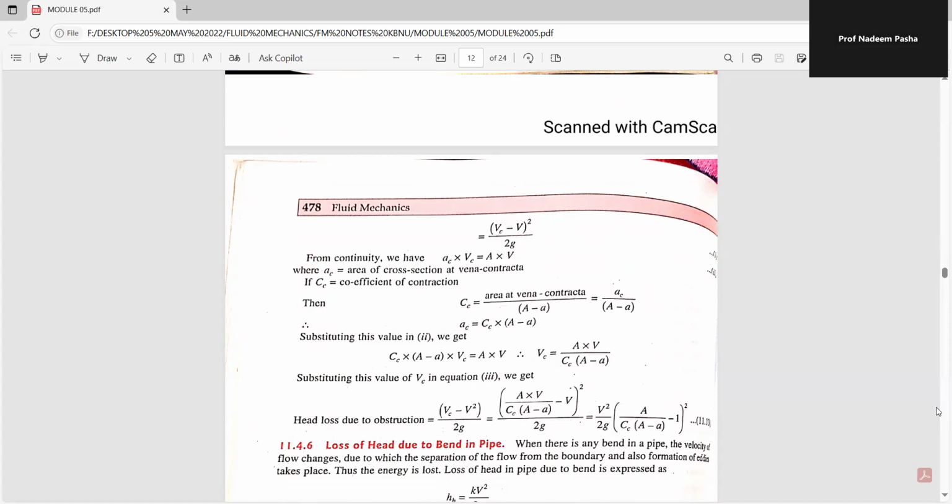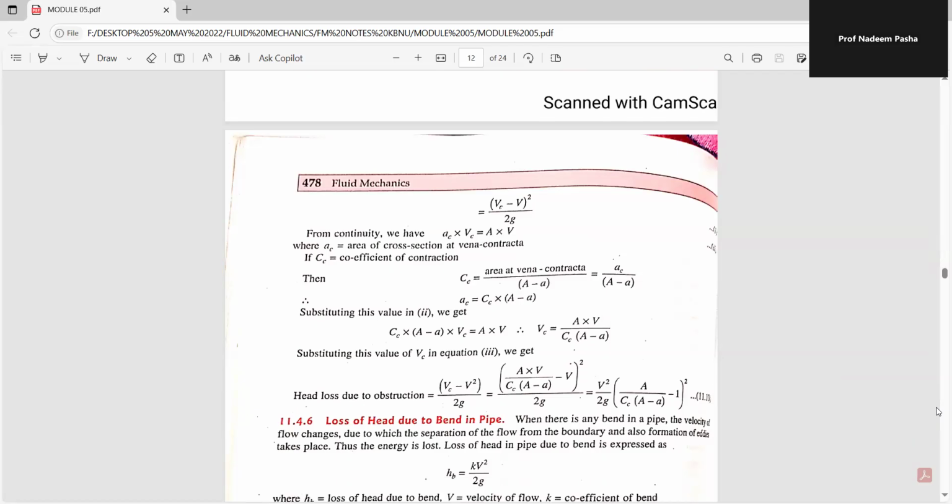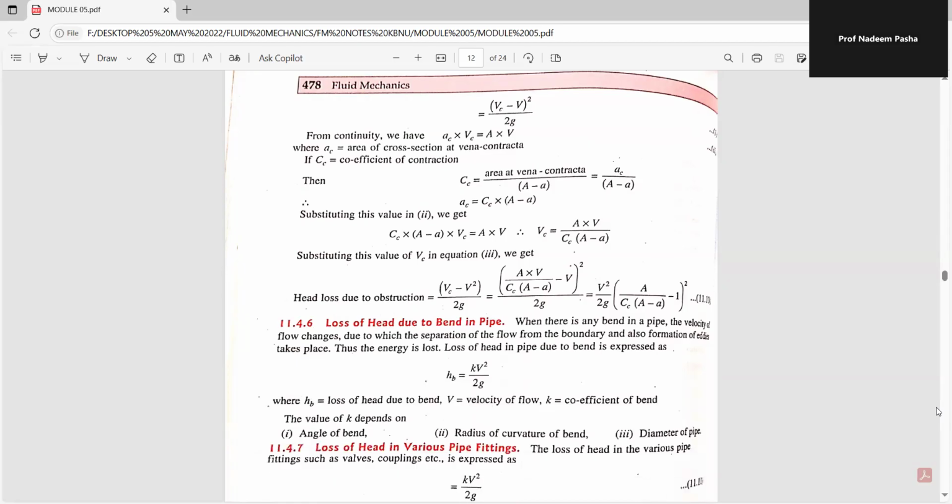So it is very complicated. You just try to remember the formula at least while solving the problem. It really helps. Loss of head due to bends in pipe, how will you calculate? Hb is equal to K V square by 2g, where Hb is the loss of head due to bend, V is the velocity of flow, K is the coefficient of bend.